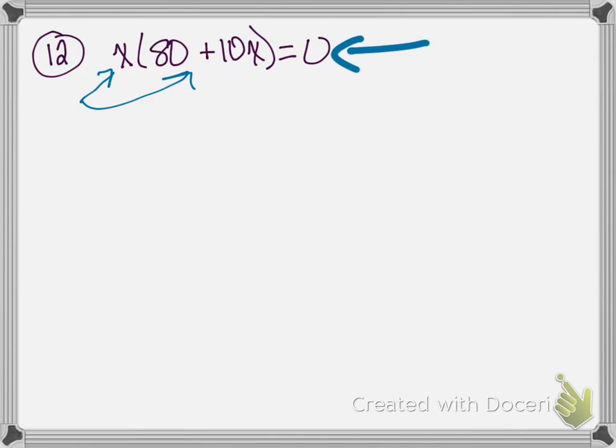All you've got to do in this situation right here is put x equal to 0 and 80 plus 10x equal to 0. Okay? You don't have to multiply that out because it's already equal to 0. If it wasn't already equal to 0, then you would have to multiply it out. But it is set equal to 0.